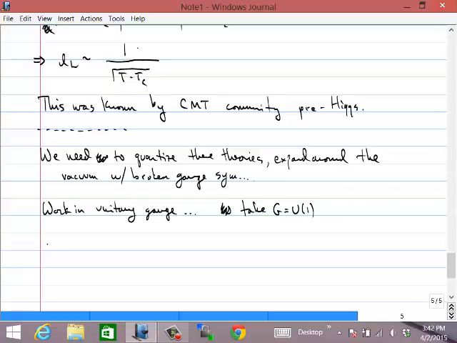And so in unitary gauge, the photon now has a mass, which is equal to g times b. And so the Lagrangian is now the standard Lagrangian of electromagnetism plus this mass term.